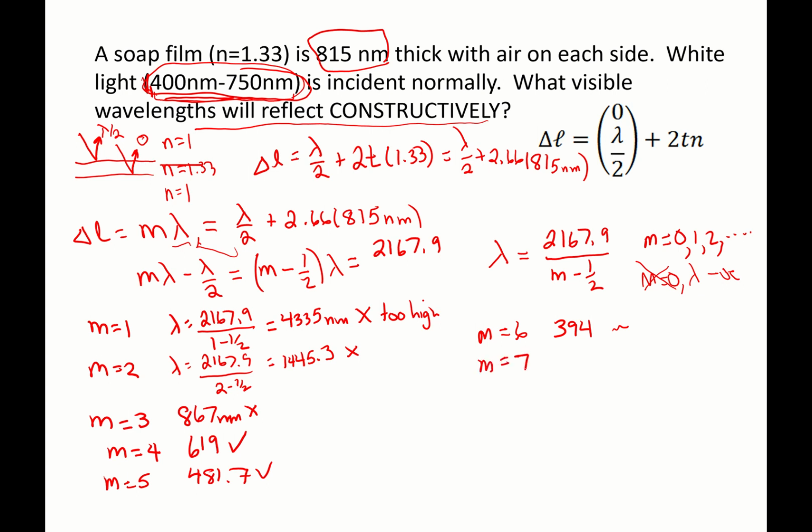And then m equals 7, now I'm way too low. I'm down at 333 nanometers. All right, so the colors that I'll see are 619 nanometers, 481.7 nanometers, and probably the 394 nanometers.